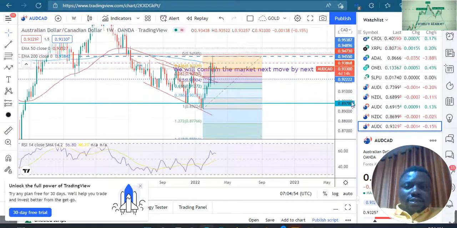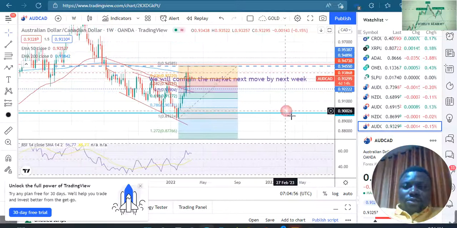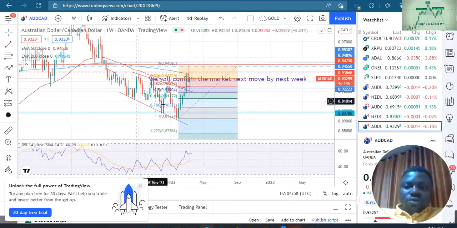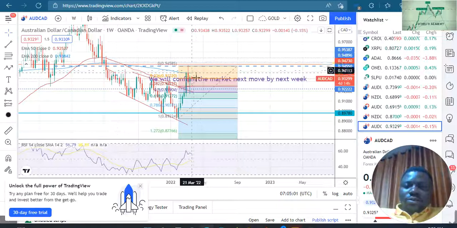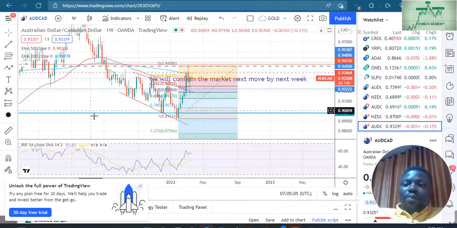So many analyses here. I expect a buy continuation on this also. It already broke this channel, it already returned to the channel, then made a pullback for a buy continuation.